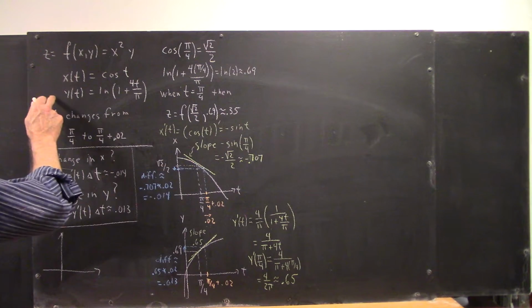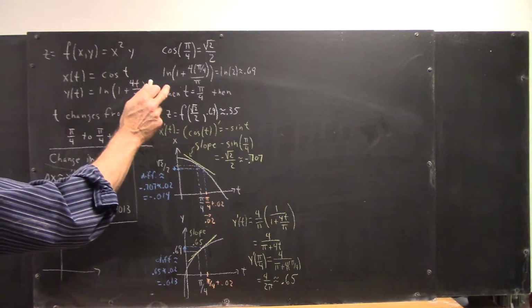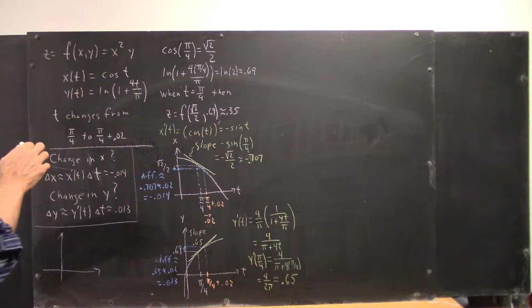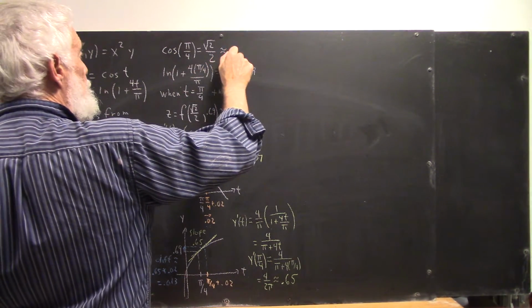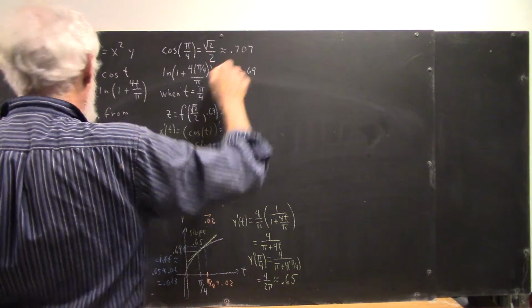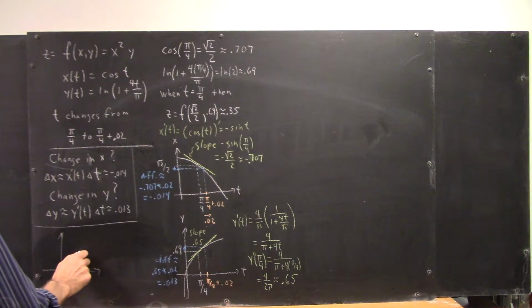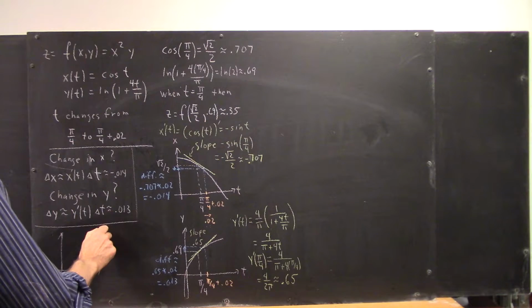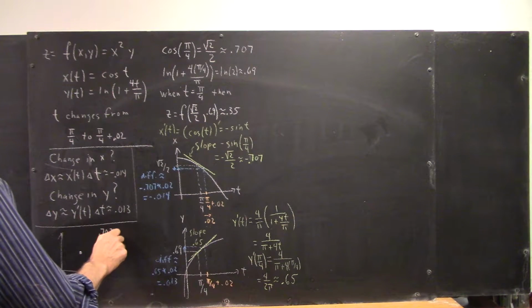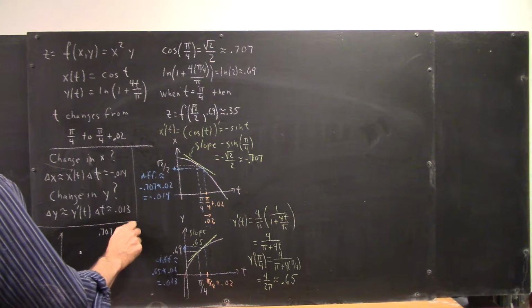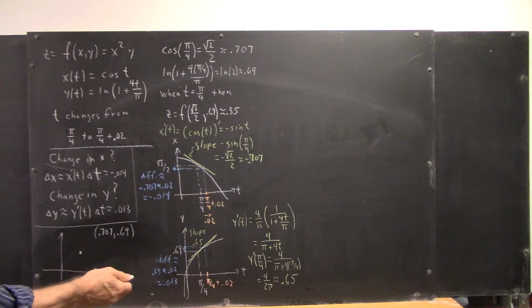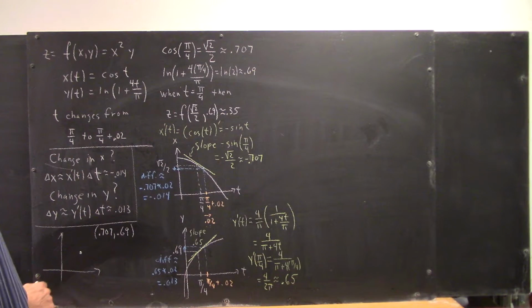Our x and y values are what? 0.69 and, I'm sorry, square root of 2 over 2, which is approximately 0.707. So we're somewhere in the neighborhood of 0.7, 0.69. So we'll just say, okay, this is 0.707, 0.69. Being inconsistent with the number of significant figures, should have written that down 0.71 just to kind of be consistent. But there's our point.